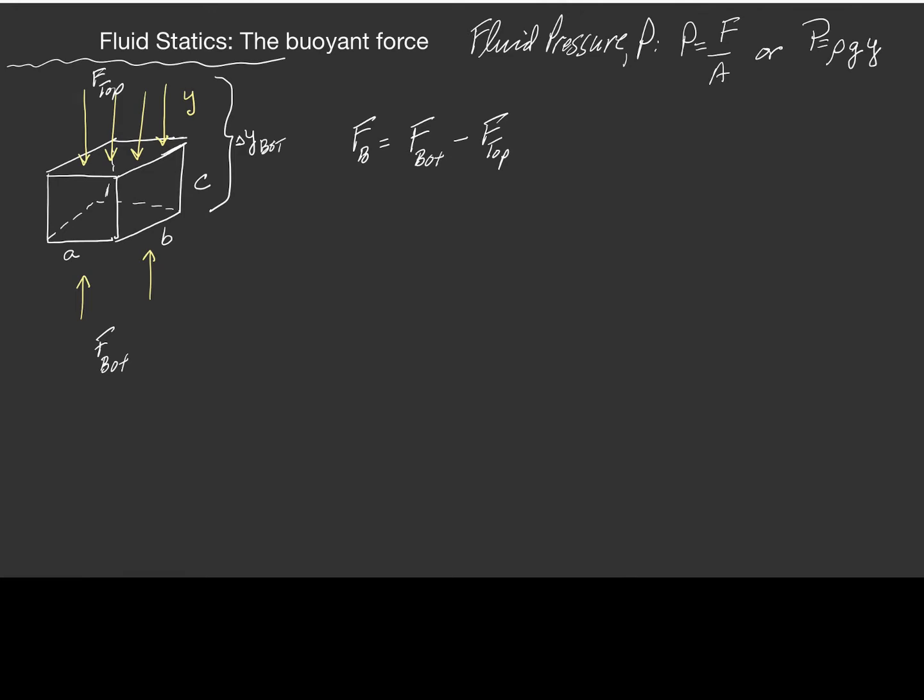This right here is our density. This right here we know is our acceleration due to gravity. And this part right here, we know that this would basically be the height of the fluid.